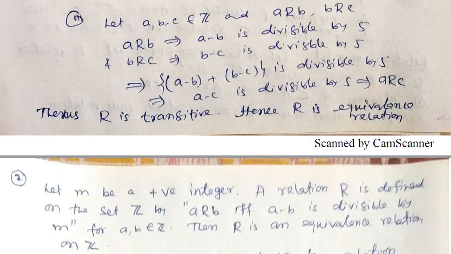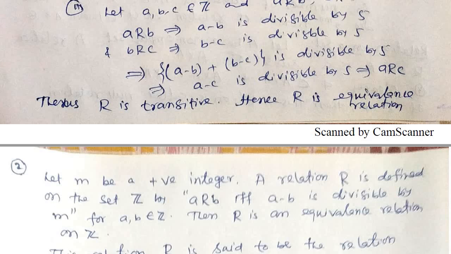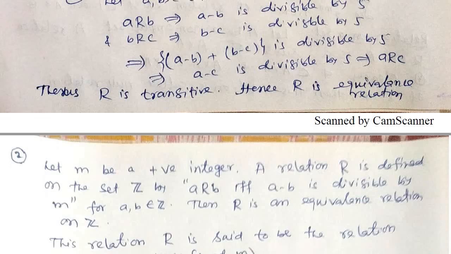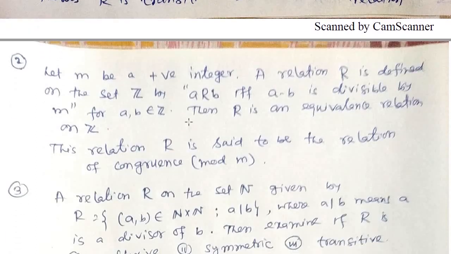Similarly, we can prove the same for a similar problem. There is nothing special about this 5. Instead of 5, we can take any positive integer m. So here is the relation: let m be a positive integer. A relation R defined on Z by A R B if and only if A minus B is divisible by m. Instead of 5, we are taking m. Proceeding as in the last example, we can prove that this relation is also an equivalence relation.